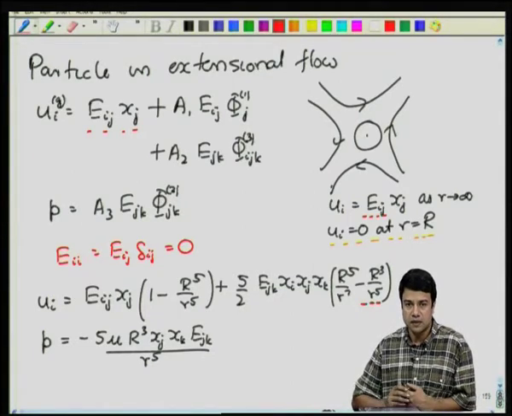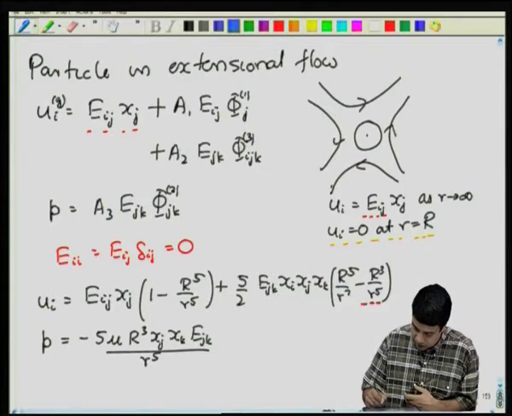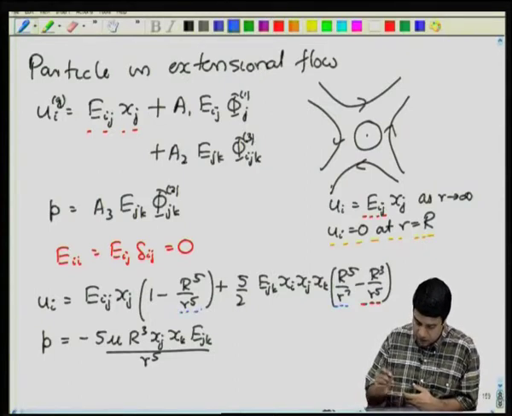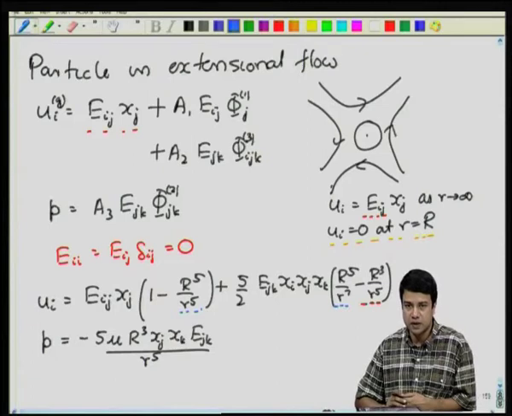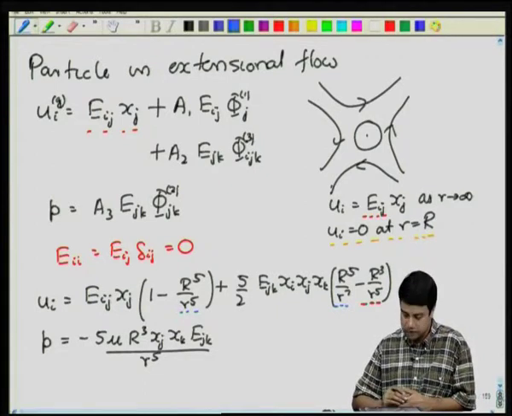If I have r cubed on top and r power 5 at the bottom, the slowest decaying term goes as 1 over r squared. These other terms go as 1 over r to the 4th. You can easily verify that. So, this is a dipole contribution. The source due to a net force was 1 over r. This is a dipole contribution.